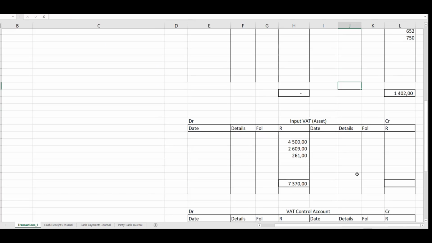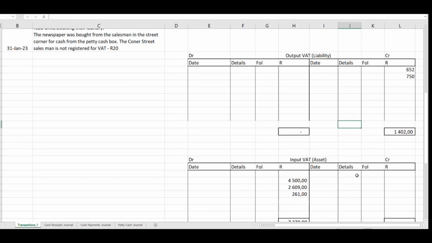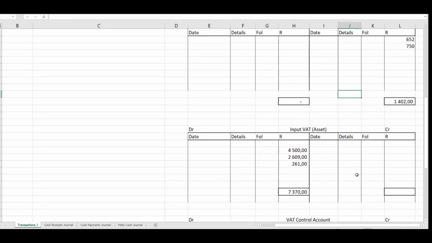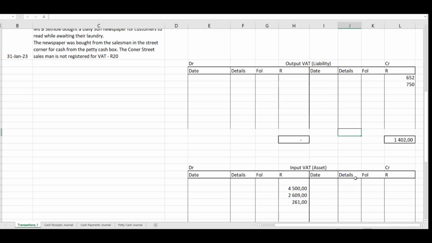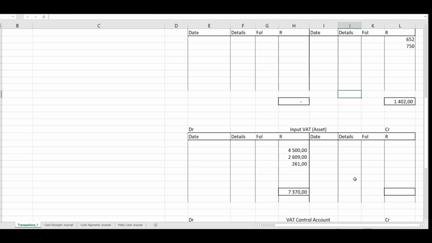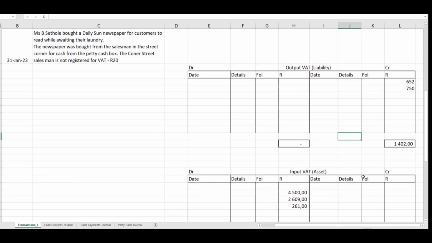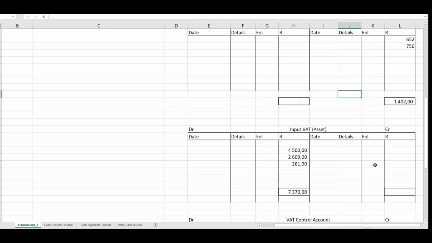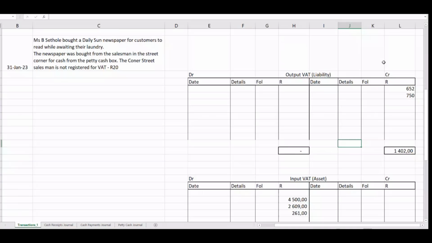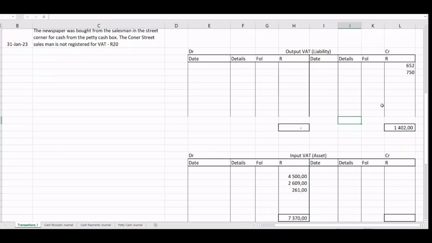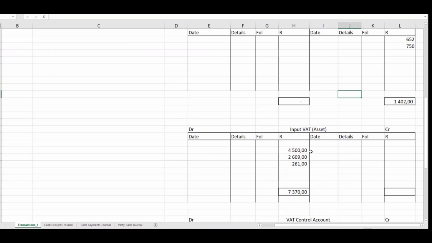So before I go too far, because our syllabus ends somewhere here. If you are still getting lost with debit and credit and whatnot, feel free to just make a list somewhere on the paper and list these amounts to say how much is VAT output and how much is VAT input.